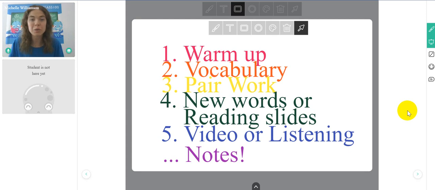Now we'd like you to check the template that has been sent out with this video. There's a PPT there, just like I had today, but different content. We'd like you to imagine that it's a lesson you're going to teach. So think about these 5 parts of the lesson and write it down on that template.